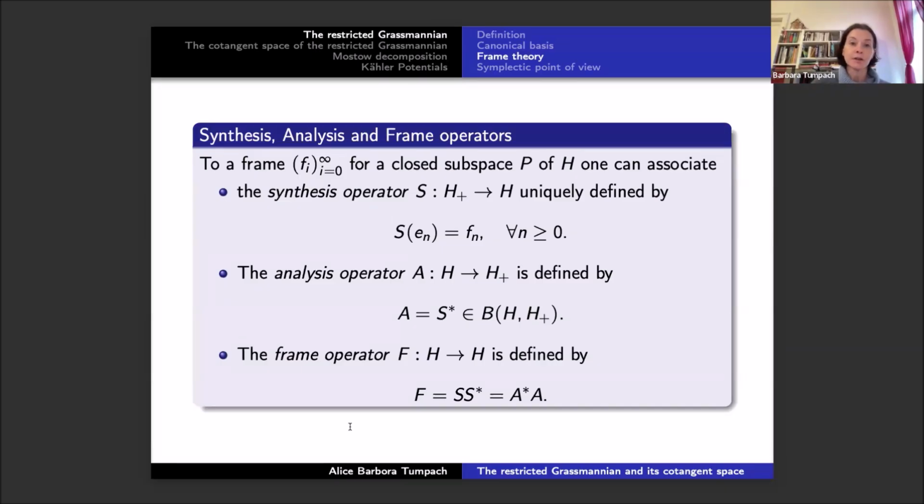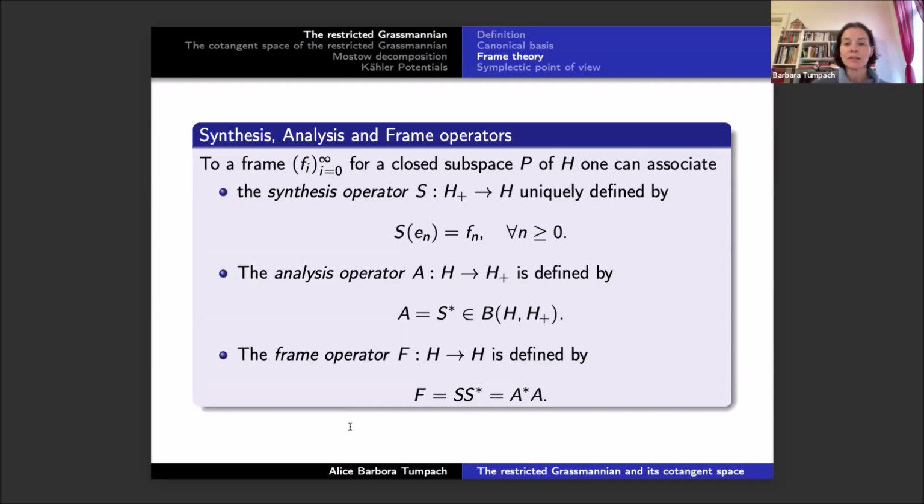So there are 3 operators related to a frame. The synthesis operator, which, so here I will take H plus instead of L2 of n, I will take H plus as a starting space.